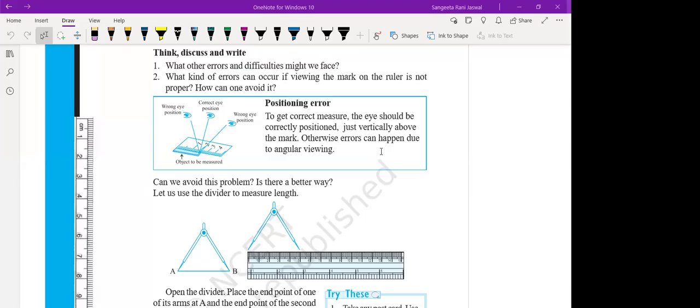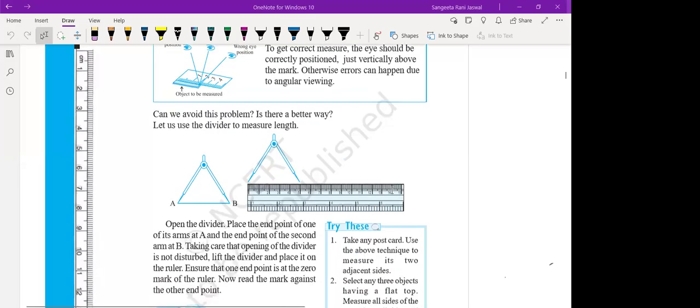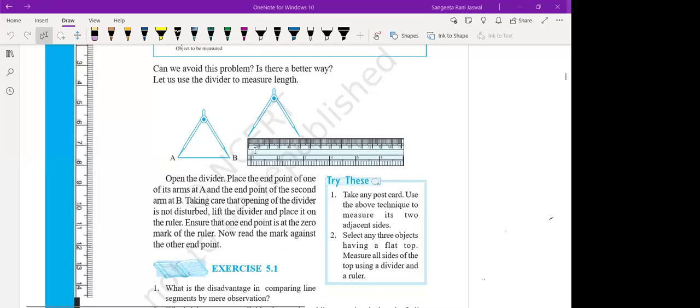Now, the first thing here is, when you are reading a scale, how do you read a scale with accuracy? Does anyone remember when we had done this chapter earlier? If you want to read with accuracy on the ruler, how do you read it?